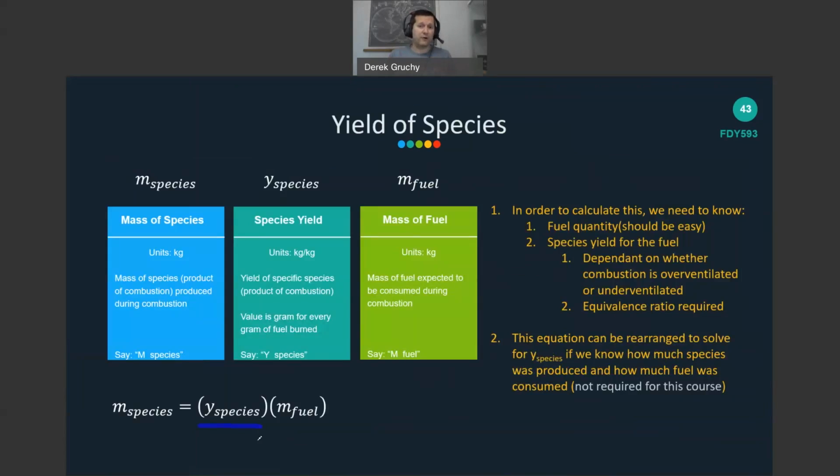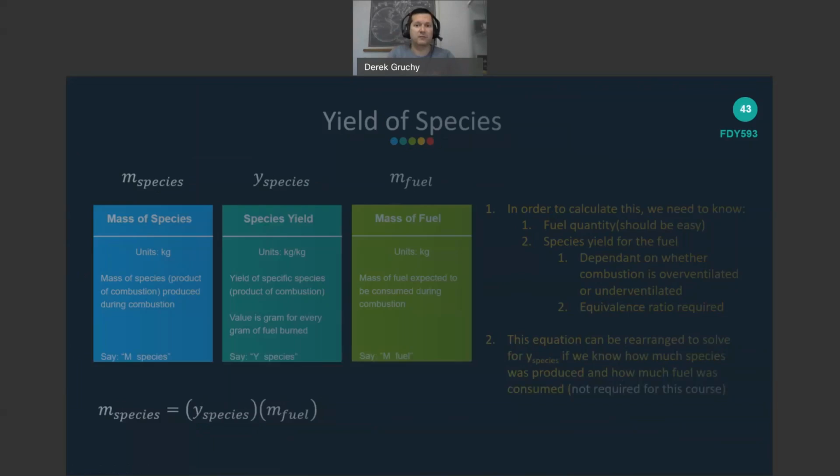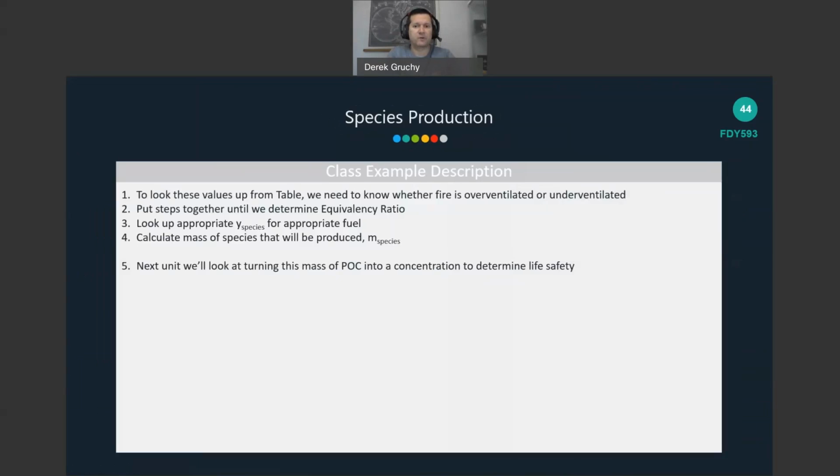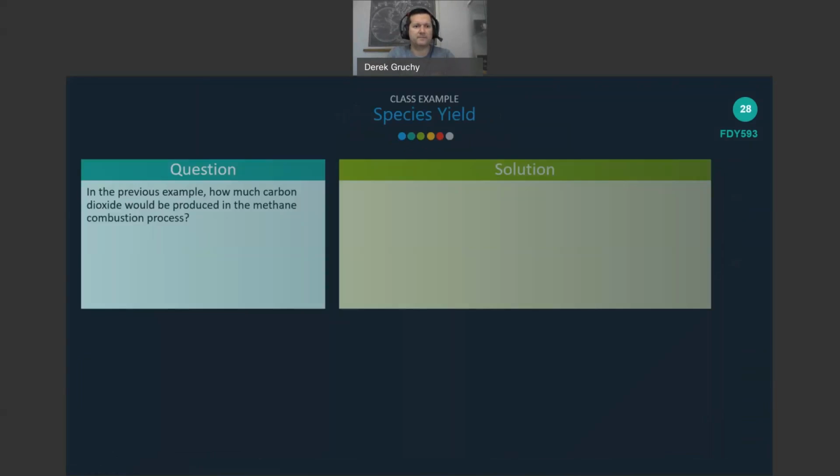Do we have enough air or not? And in this case, we have enough air, so it's going to be a fuel-controlled fire. And so we can look that value up, and then we multiply it by the amount of fuel that we're actually burning, which was that 4 kilograms. And that will tell us how much of the carbon dioxide is actually being produced. All right, so let's take a look at that.